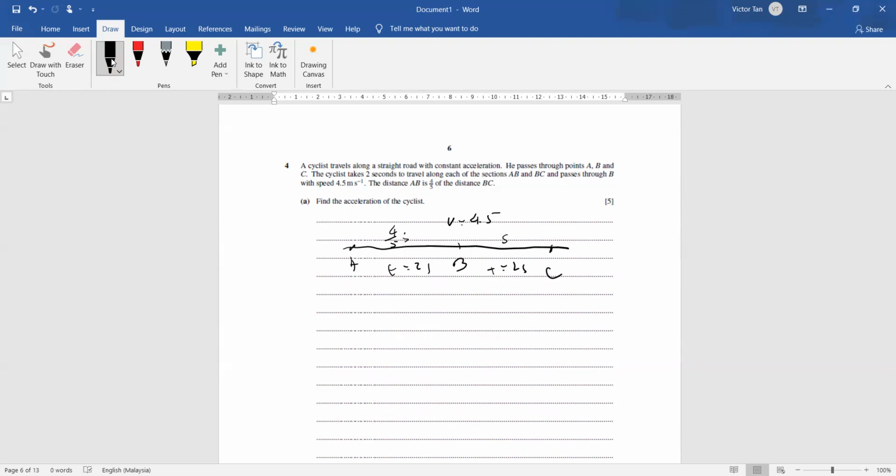Okay, let's put this as U. So you're going to use V square equals U square plus 2AS. No. So S equals UT plus half AT square.